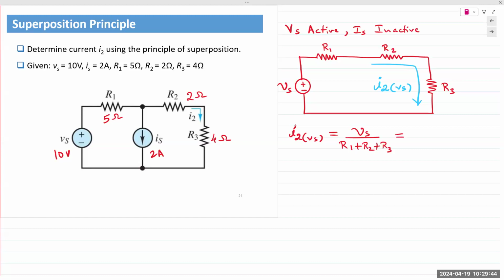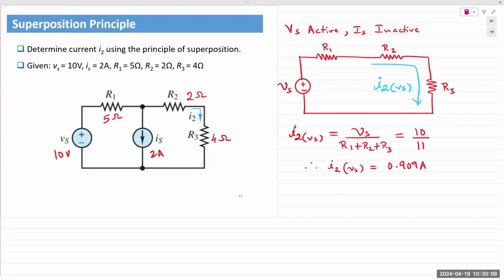Vs is 10 volts, 10 volts divided by 5, 2, and 4, which is 11, and therefore I2 due to Vs is 0.909 amps. For those of you who are performing the calculation, do you obtain the same value?